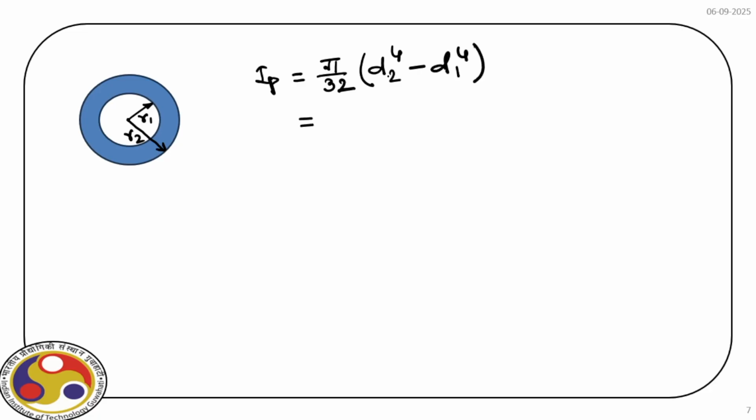In place of diameter, if we use radius, we have pi by 2 times R2 to the power 4 minus R1 to the power 4.